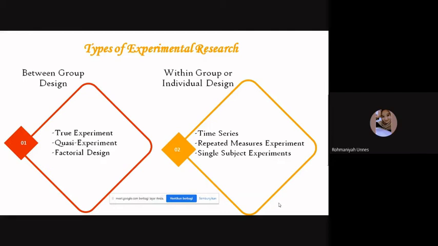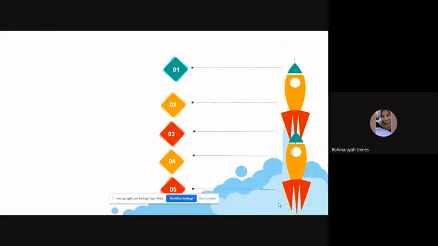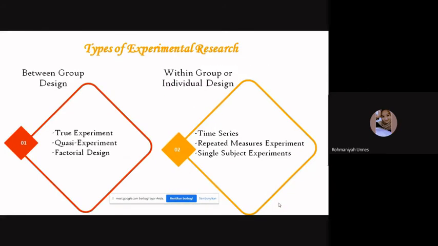Whereas in within group or individual design, there are three. First is time series, second is repeated measures experiment, and last is single subject experiment. It is stated by Creswell 2013, and we will discuss in detail in the next slides.